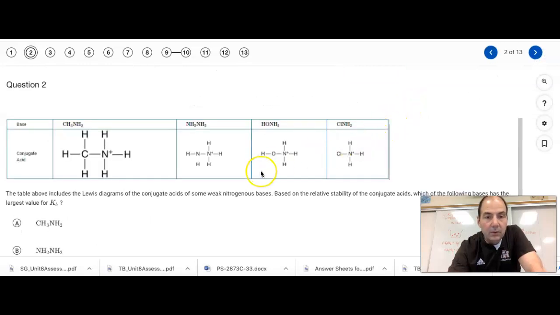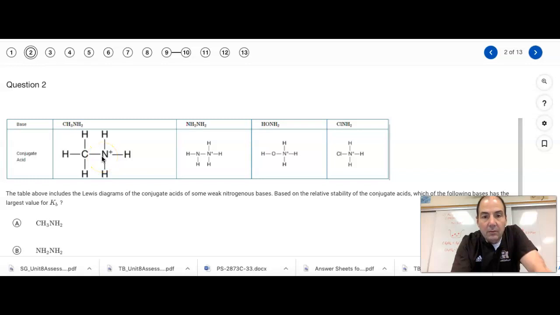All right, so I almost feel like they were announcing this one. We're given some conjugate acids, and we're asked again about the strength: which of the following bases has the largest value of Kb? It depends again on electronegativity. Out of the acids here, we have chlorine attached to nitrogen, oxygen, hydrogen or nitrogen, and then we have carbon.